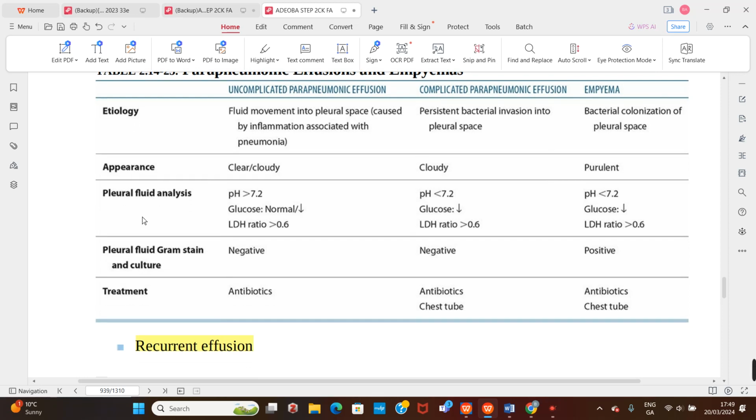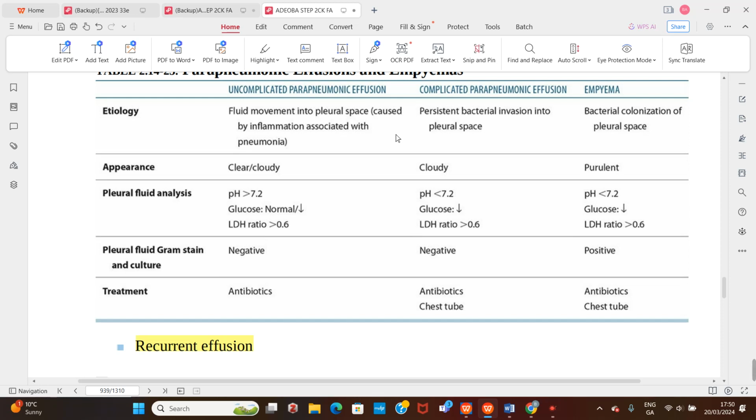When you do your pleural fluid analysis, the glucose and the LDH ratio are going to be in keeping with what you have for a normal exudative effusion. Glucose is going to be down. LDH ratio is going to be more than 0.6. But your pH will help you, because we have said that the pH cutoff for an exudative effusion is less than 7.4.